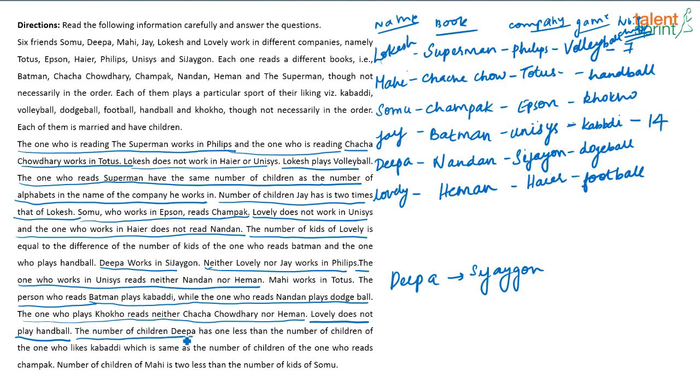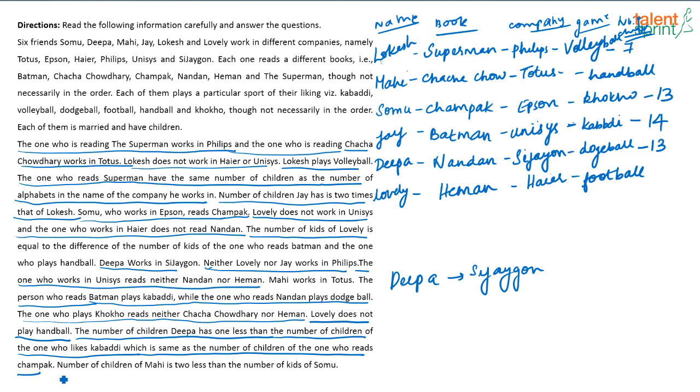The number of children Deepa has is 1 less than the number of children the one who likes Kabaddi has. So Kabaddi is 14. So Deepa has to be 13, which is same as the number of children the one who reads Champak has. So Champak also has 13 children. Okay.